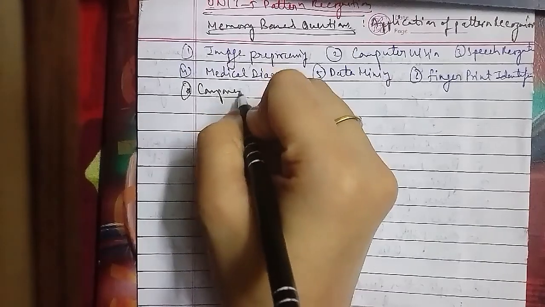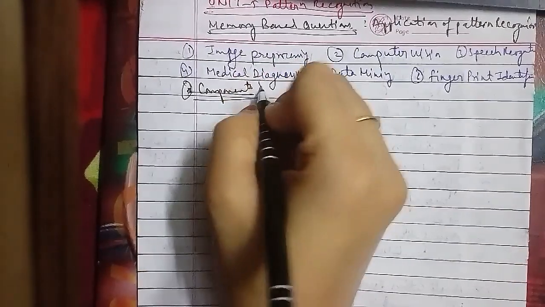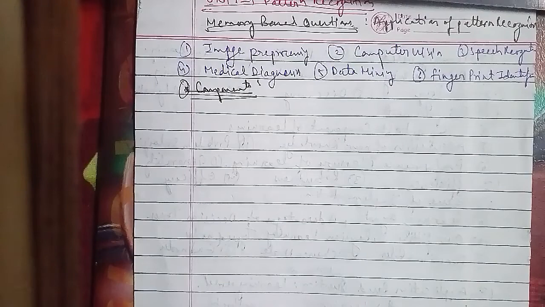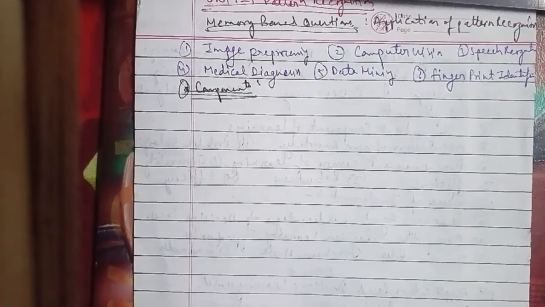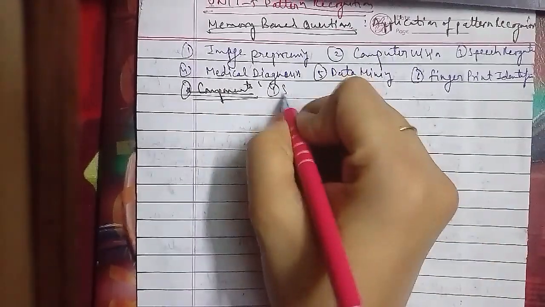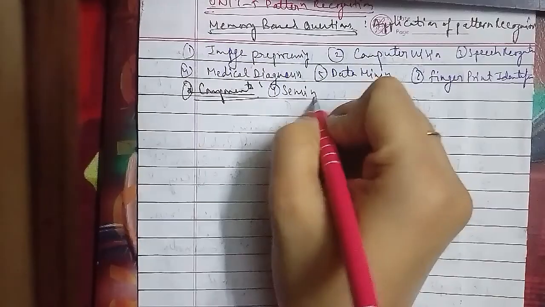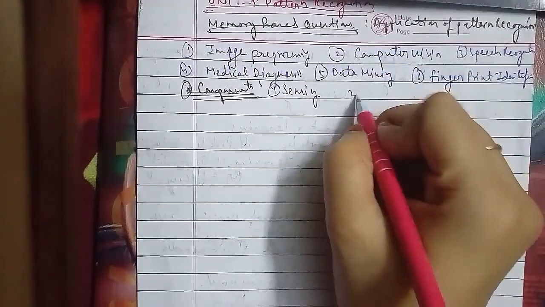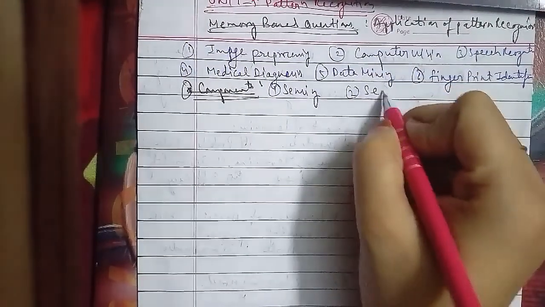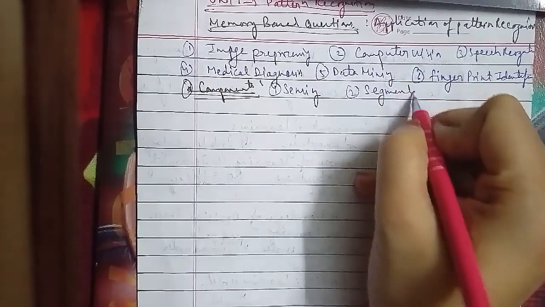Now I'll talk about another possible question. Write down the activities used to design a pattern recognition system. There are 5 activities as well. The first activity is data collection.